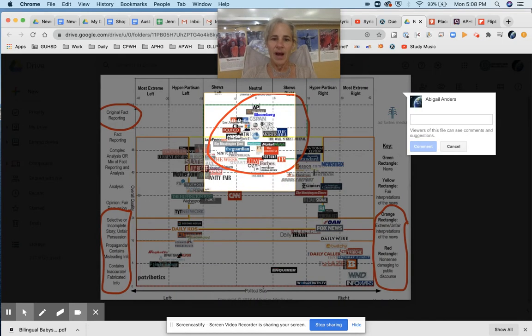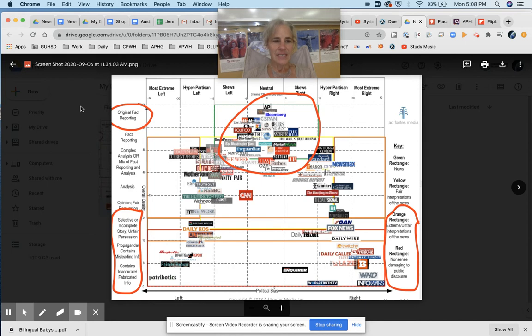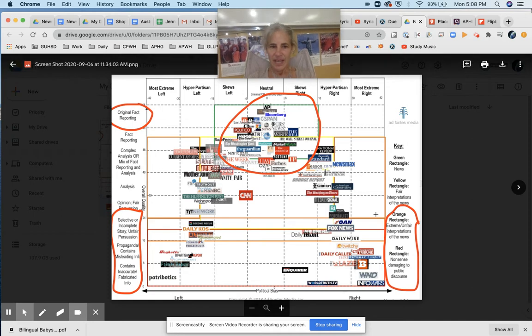But the most important thing you need to do is read all of it in the middle. Now, the thing about this chart is that while it's good to read a variety, you want to try to stay away from the bottom. Just because it's on the left or the right doesn't mean it corresponds to the left or the right. It's just showing you what the rectangles mean over here, and what the baseline means.